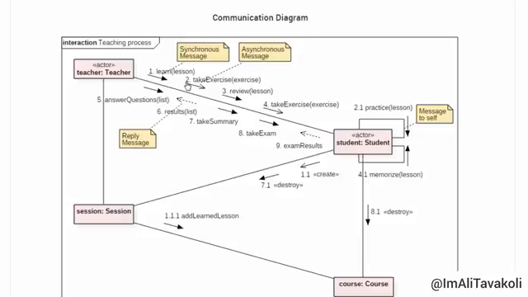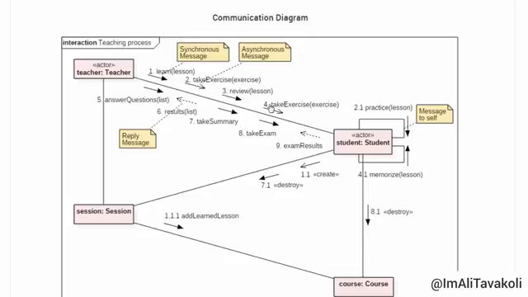And this message call causes the 2.1 message to be triggered, which is practice, and it's a message to self method call. I mean, the student participant calls its own method, which is practice. And then the number 3 will be called review.